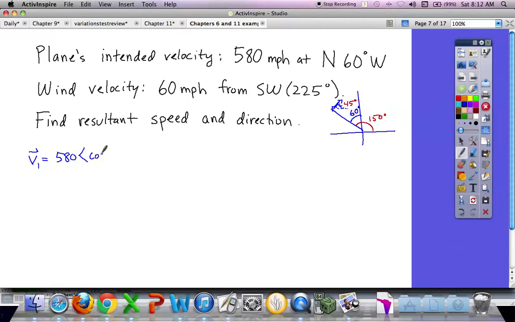So it's going to be cosine 150, sine 150. And V2 will be the speed of the wind, and that is 60 miles per hour. That is the magnitude, and that's the cosine of 45, the sine of 45.